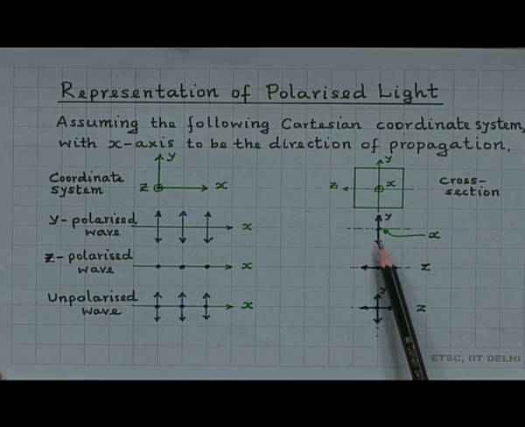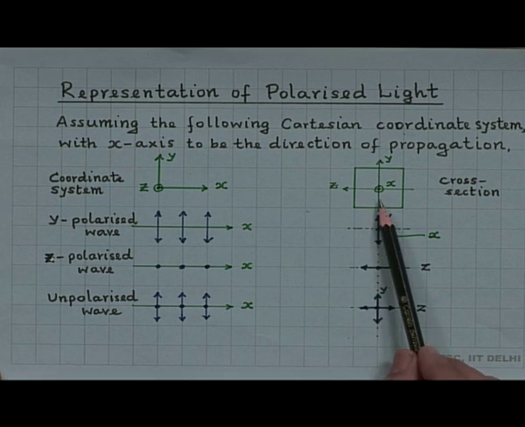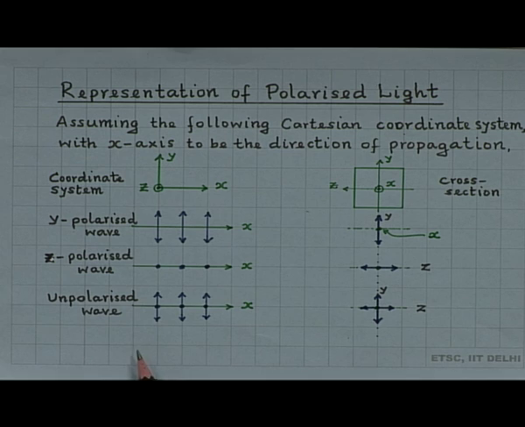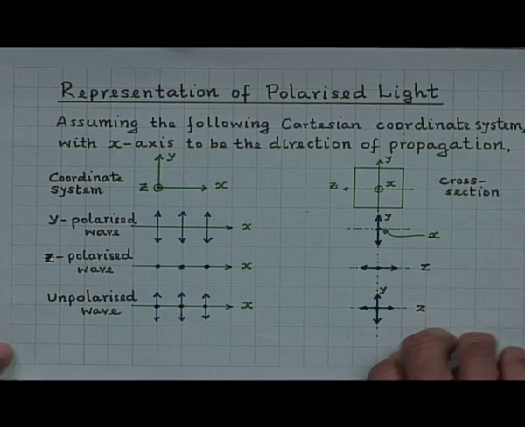The double siding comes because the electric field becomes positive at one time and negative at another time, which is why it is always represented by double-sided arrows. This is the representation of polarized light, including unpolarized or randomly polarized waves.